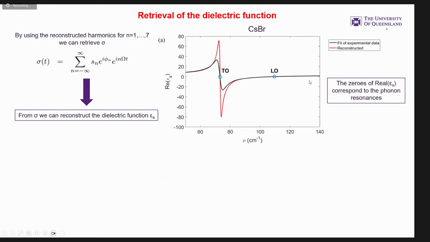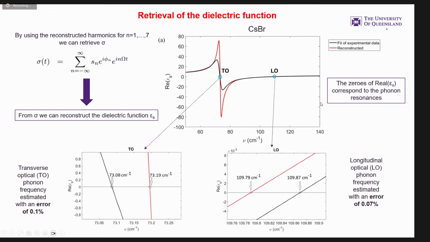And in particular, we are interested to estimate the frequencies of the phonon resonances, which correspond to the zeros of the real part of the dielectric function. And we can see that we can estimate the transverse optical phonon frequency with an error of 0.1% and the longitudinal optical phonon frequency with an error of 0.07%. So there is a good accuracy provided by our model in the estimation of the phonon frequencies.